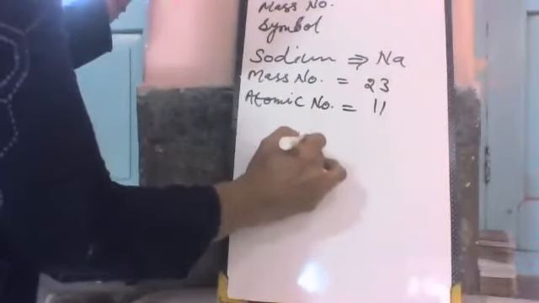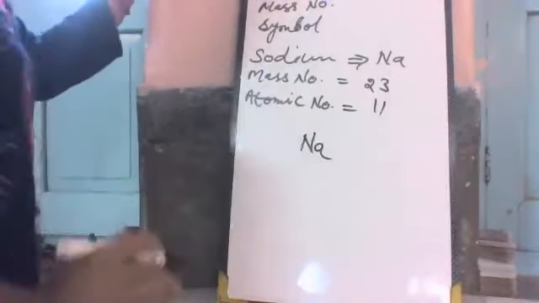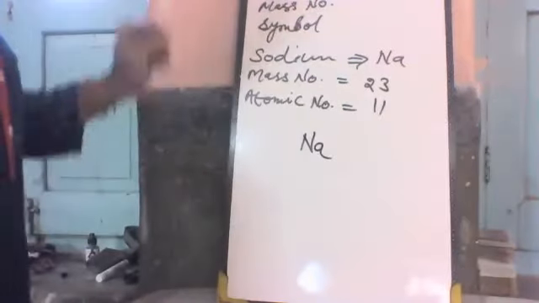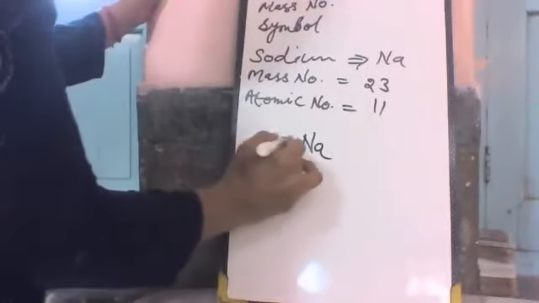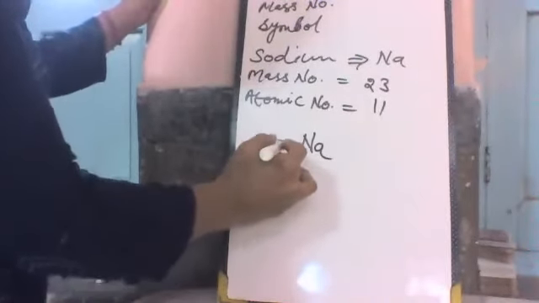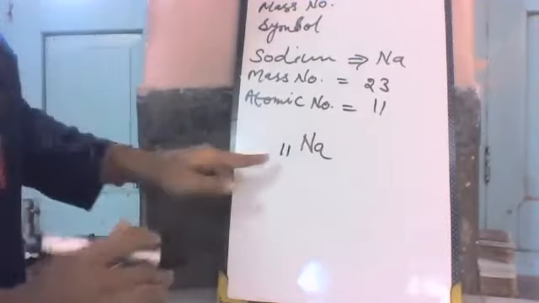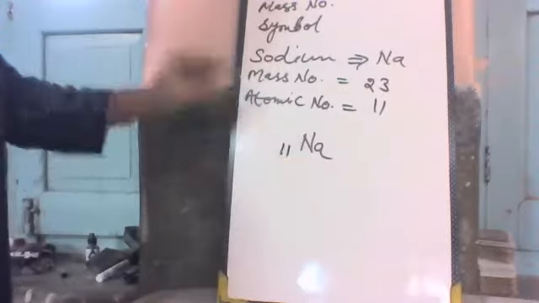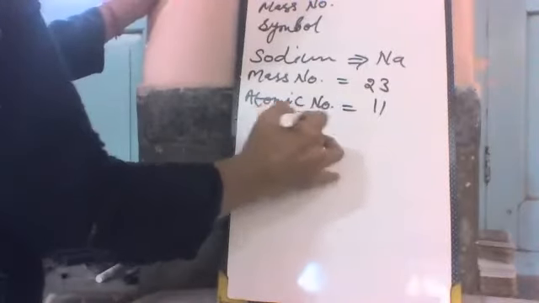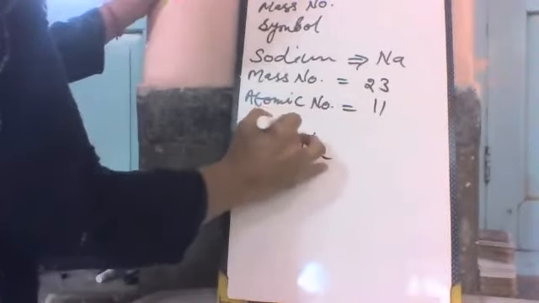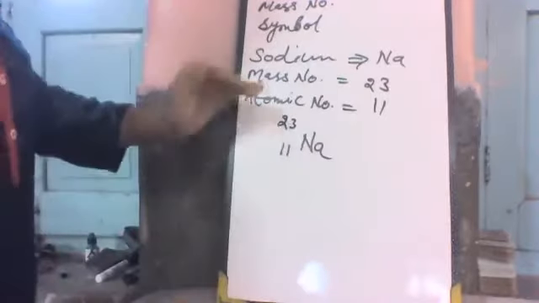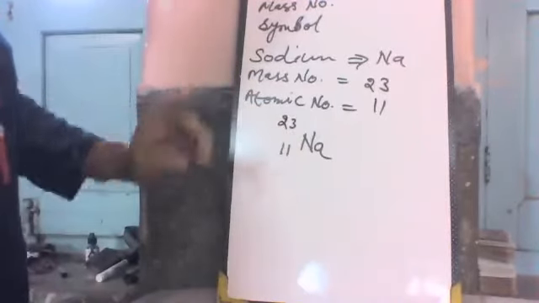First we have to write the symbol of the element, then the atomic number as a subscript at the down of the symbol, and the mass number as a superscript above the symbol.